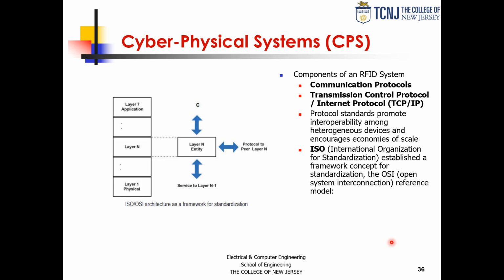So the operation of the system traverses up and down through the layers, but any particular layer can interact directly with the peer layer of another device or another agent in the network.